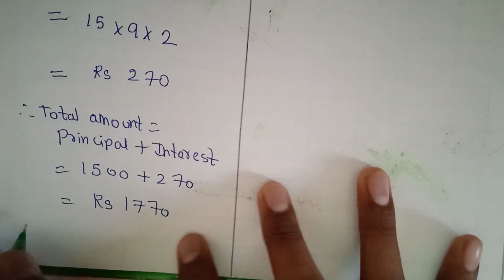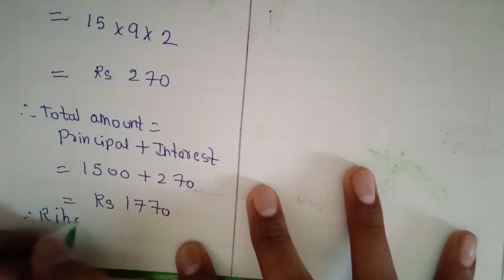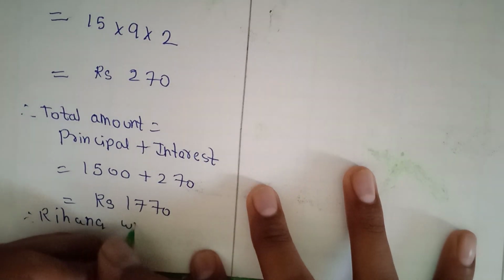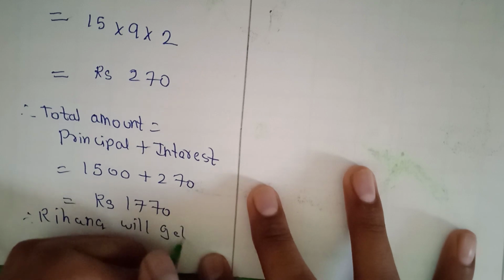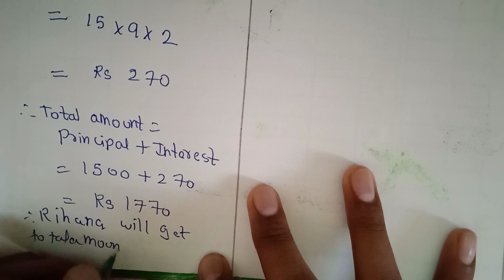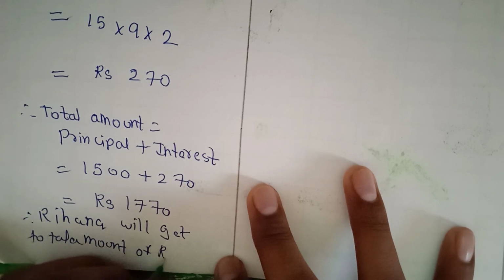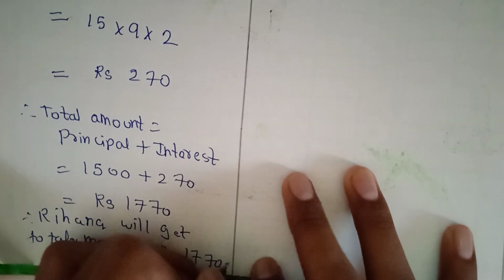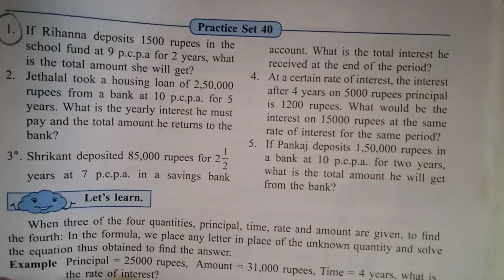So as you can write, therefore Rihanna will get a total amount of rupees 1770. Okay.